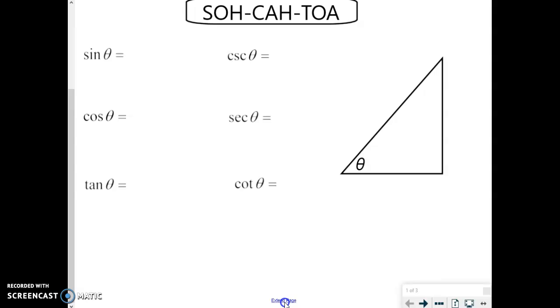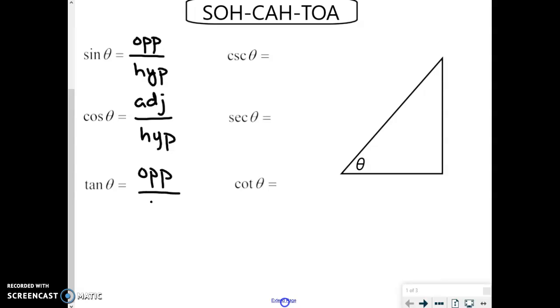So the sine of theta, as we just said, is the opposite over the hypotenuse. The cosine is the adjacent over the hypotenuse. And the tangent is the opposite over the adjacent.